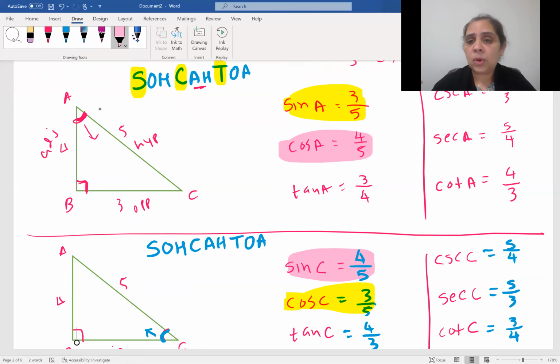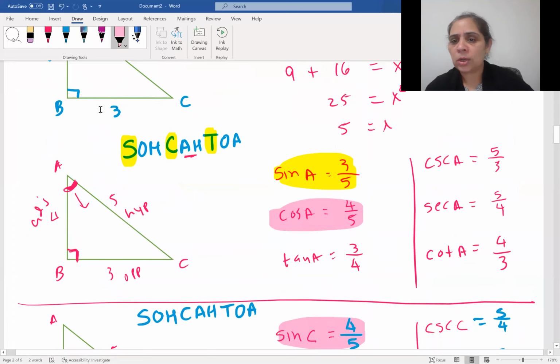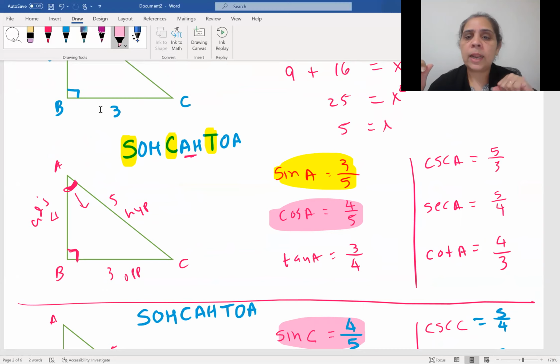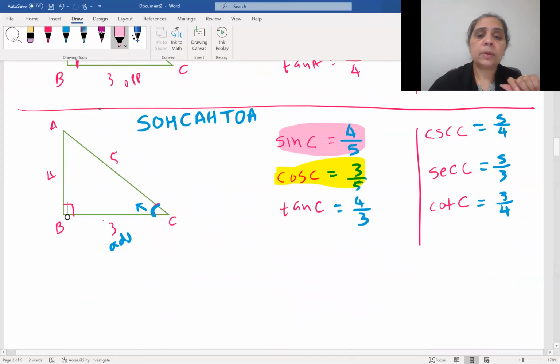In the SAT test, they ask you co-function, the SOHCAHTOA, special triangles, 30, 60, 90 triangles and 45, 45, 90 triangles. So we will do that in the next video. But you can notice from here, okay?